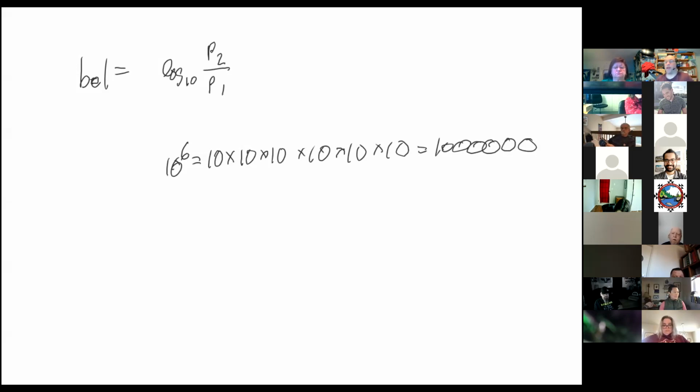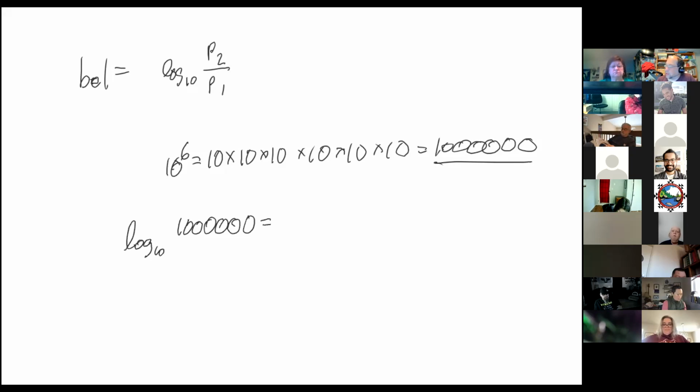So now we can go backwards and we can say, how many times would you have to multiply 10 by itself to get that number? 6 times. So the opposite of that is to say, what is the logarithm base 10 of 1,000,000?